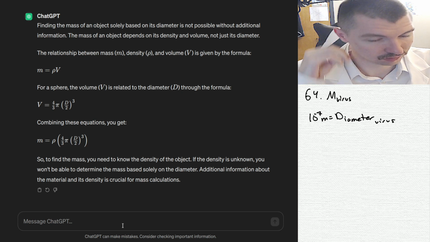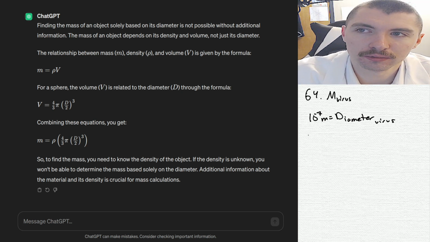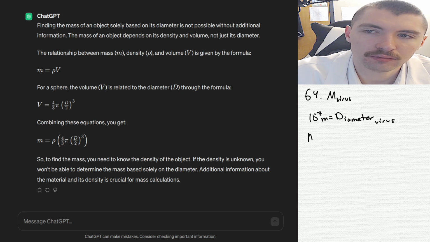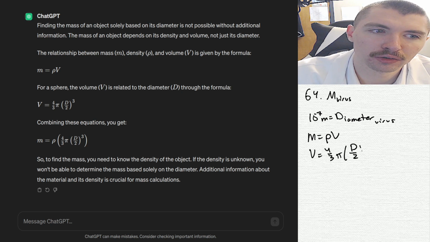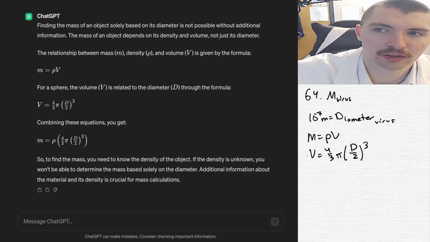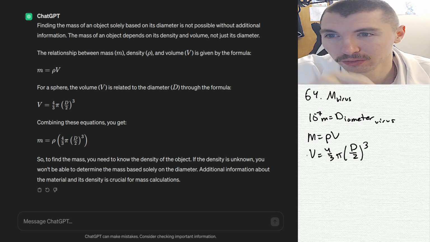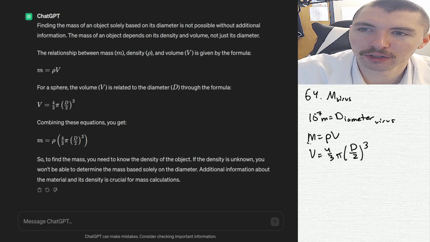Okay, so mass is density times volume. Volume is 4/3 pi times the diameter over 2, cubed. Okay, so we know this, and we know this. We do not know this, but we know this.